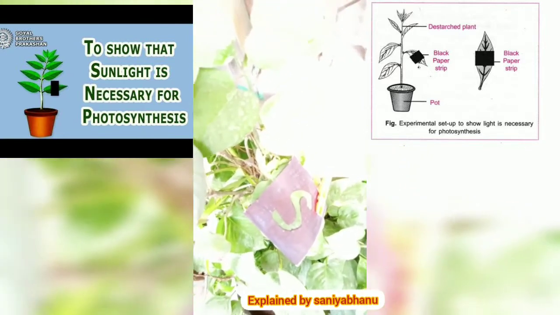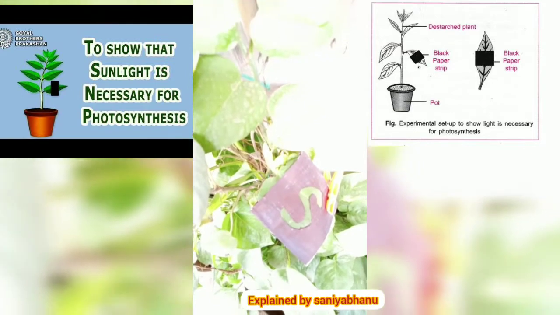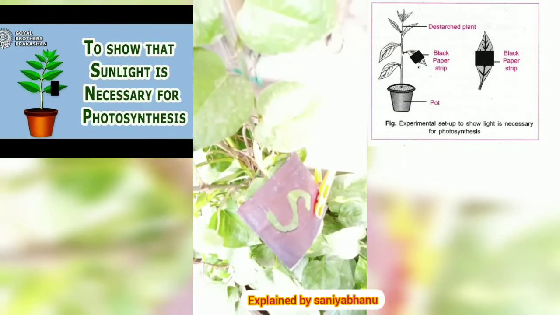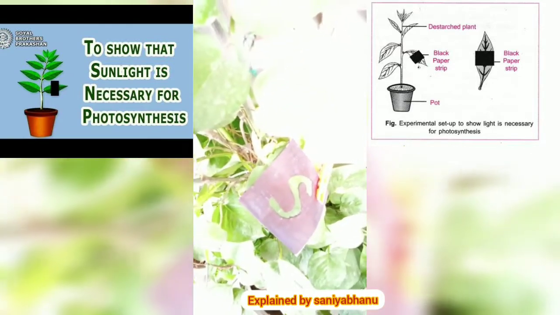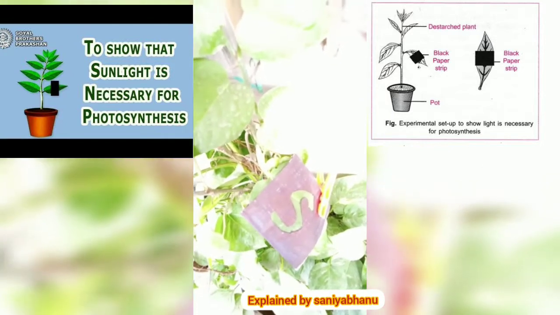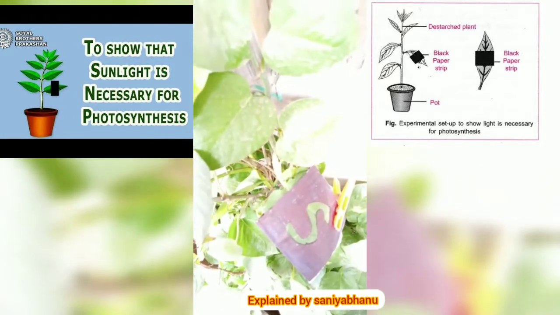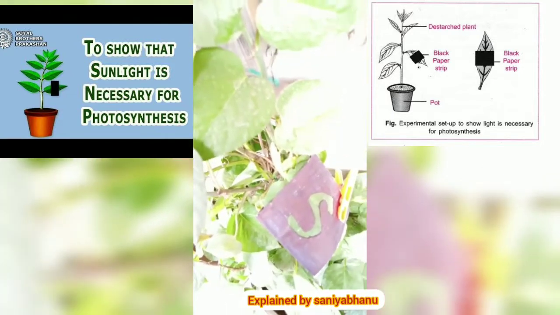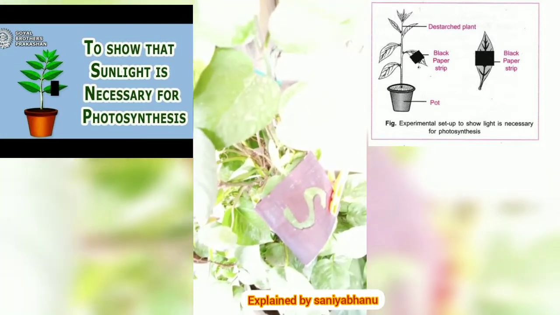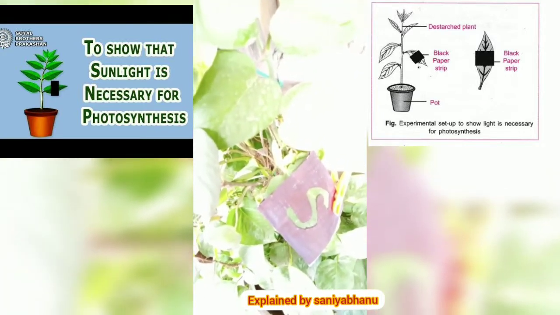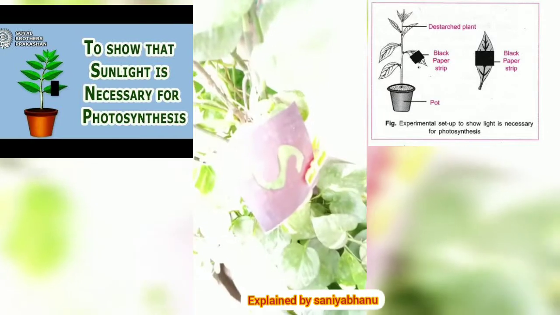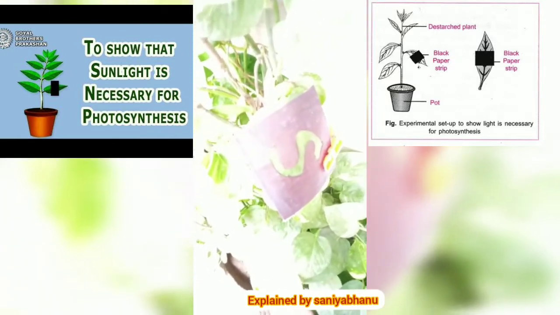Now we are going to learn the equation of photosynthesis: 6CO2 plus 12H2O, with light and chlorophyll, gives C6H12O6 plus 6H2O plus 6O2. The time is completed.